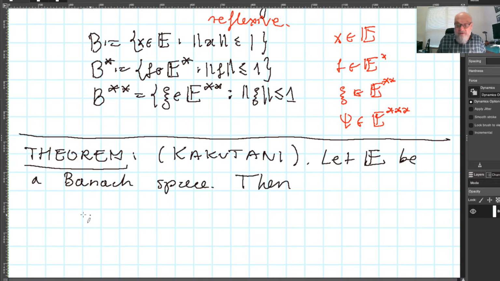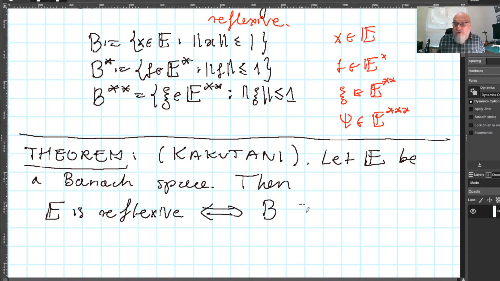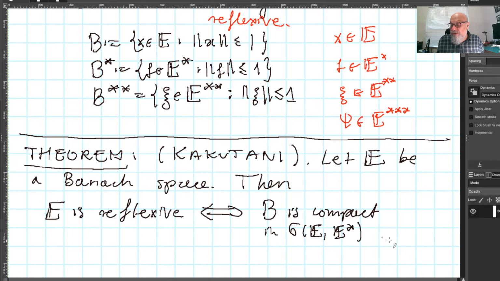Then we have the following statement: E is reflexive if and only if the unit closed ball is compact in the weak topology, sigma. That's how we denote this weak topology, in order to make sure that we don't mix it up with another topology. Those are the functionals that induce this topology on E. So this is a topology on E.